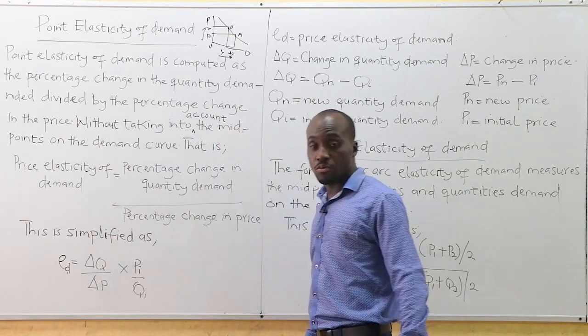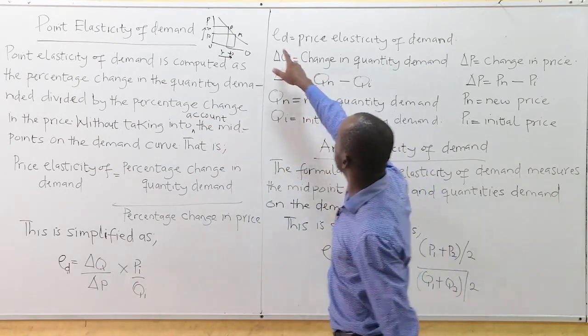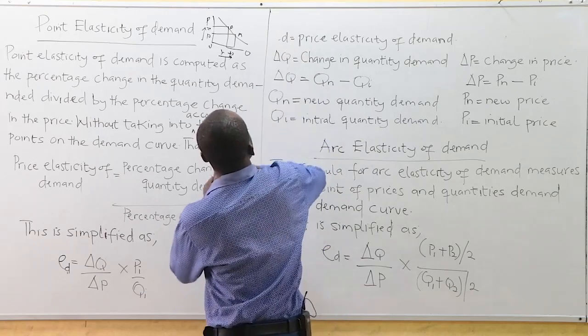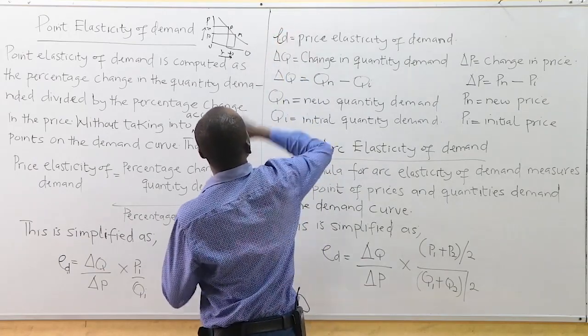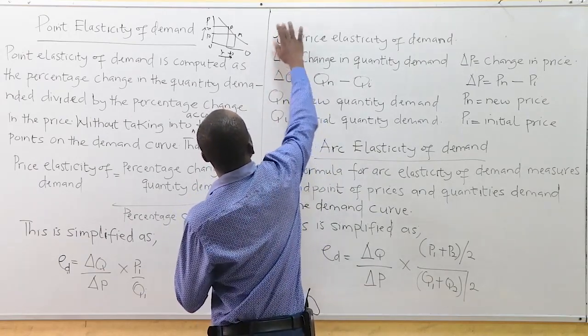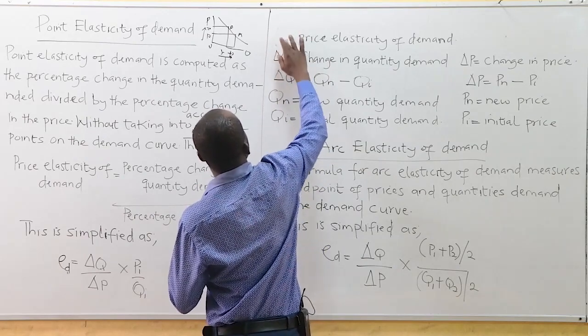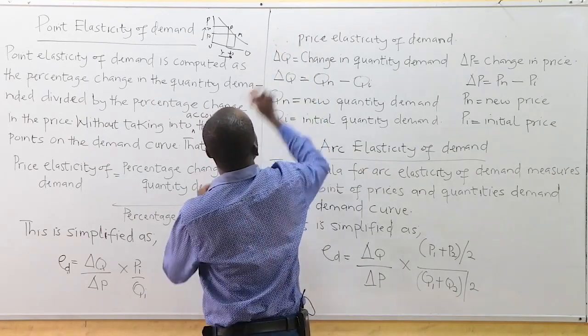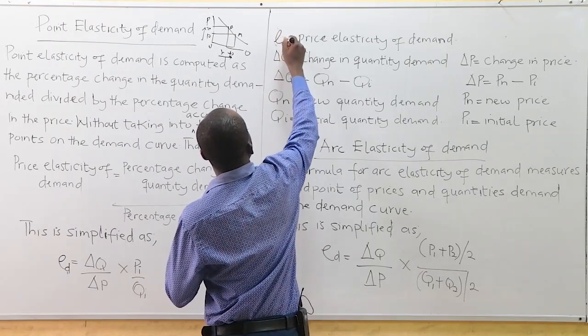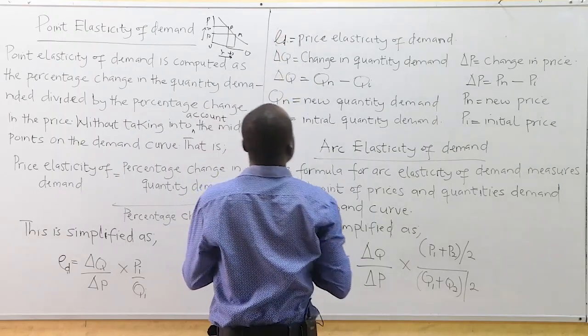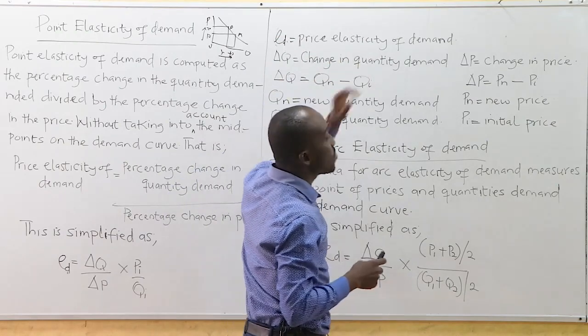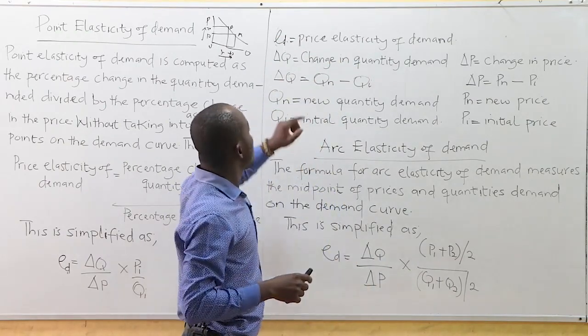So let's try to break it down. ED, which is a subscript, is the price elasticity of demand, right?